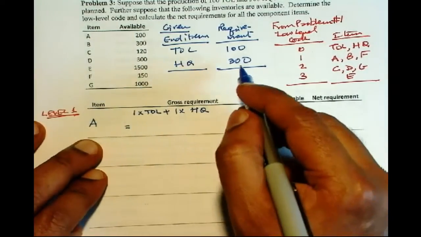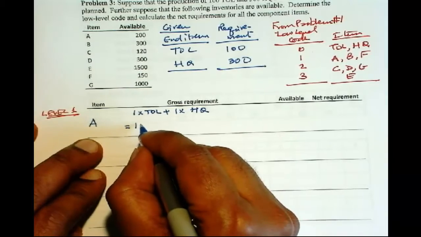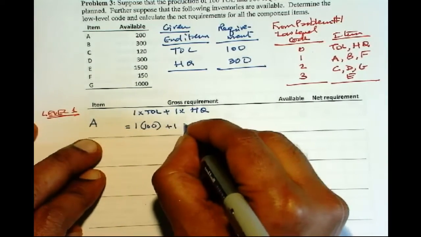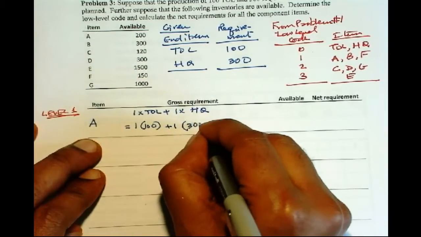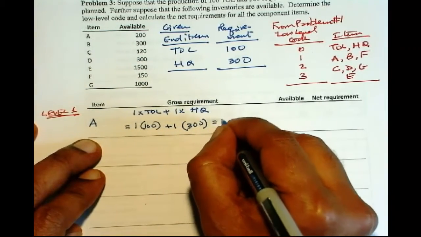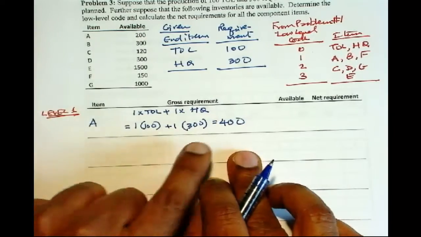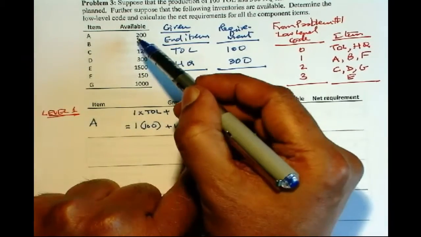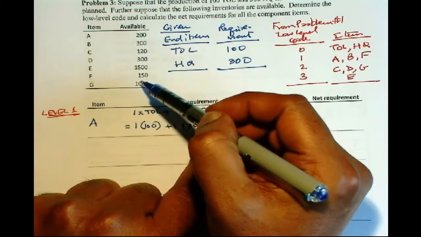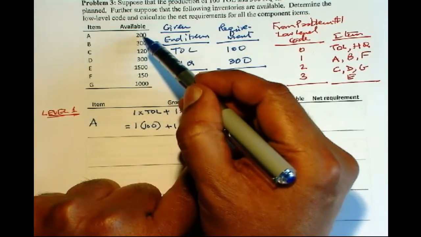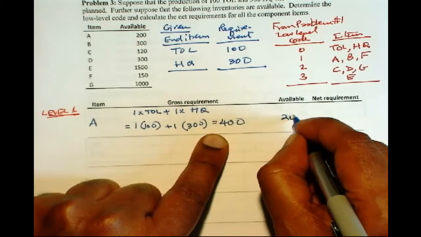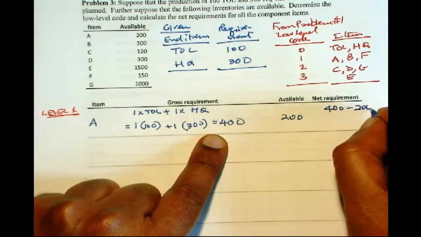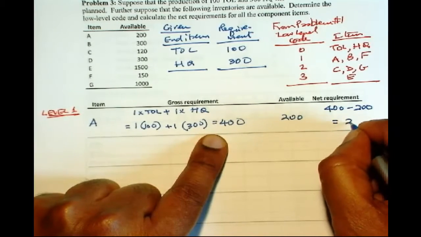So we have 1 times 100 and then 1 times 300, and that is equal to 400. So that is the gross requirement for A. Now we are given the stock available. So we have 200 units available. So net requirement is 400 minus 200 equal to 200.